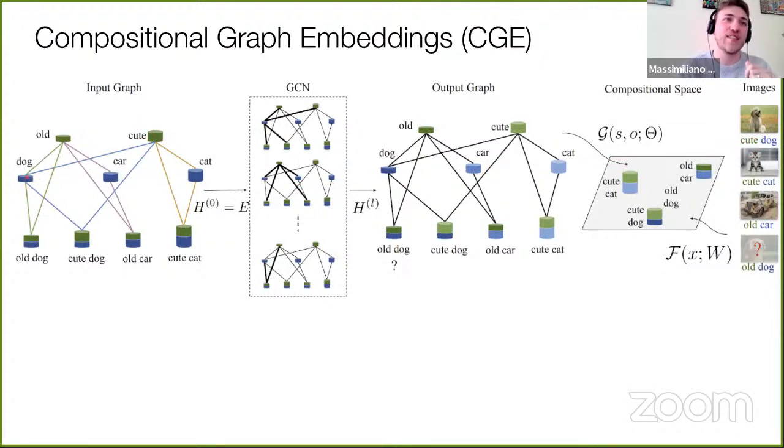And then we can connect dog with cute dog and cute with cute dog, and vice versa, because this is a composition that exists in our training set. This is how those compositions are built, and they are built for both seen and unseen compositions, because otherwise the graph would be dynamically built, and it's not that easy to make it generalize at test time. How can it be built for unseen compositions?